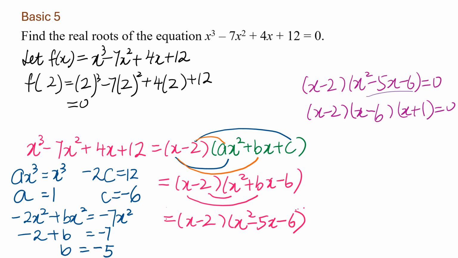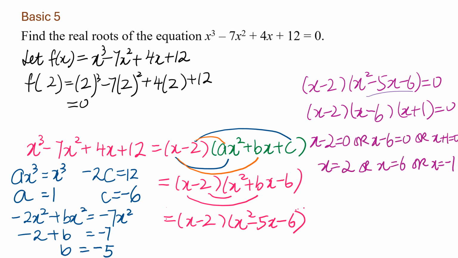Therefore, the solutions for this cubic equation will be x equals 2, 6, or negative 1. And these are the real roots. In other words, if you were to sketch this curve, it will look like this.